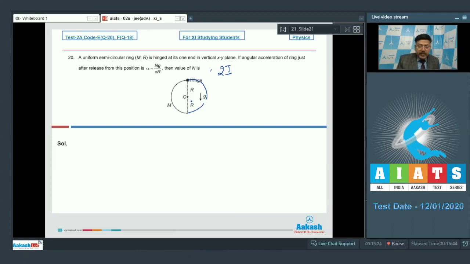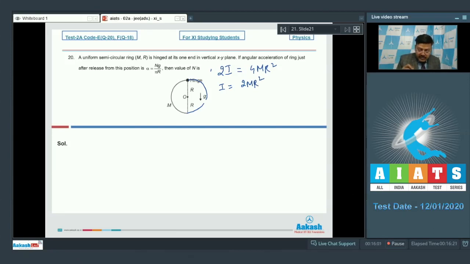So if the moment of inertia of one semicircular ring is I about the hinge, that means about the axis through the hinge, then we have 2I equal to 2mr squared plus 2mr squared, that means 4mr squared. So I itself for one semicircular ring is simply 2mr squared. So one part is done.